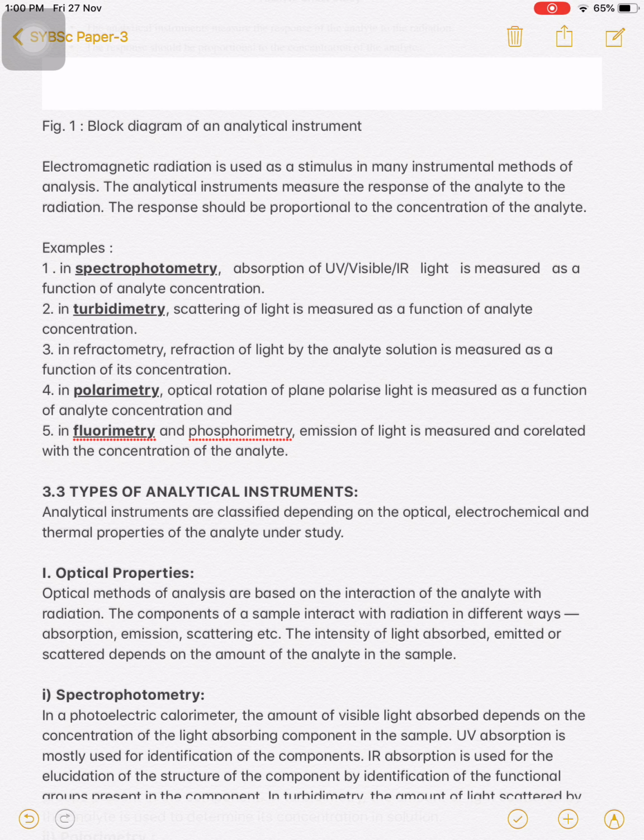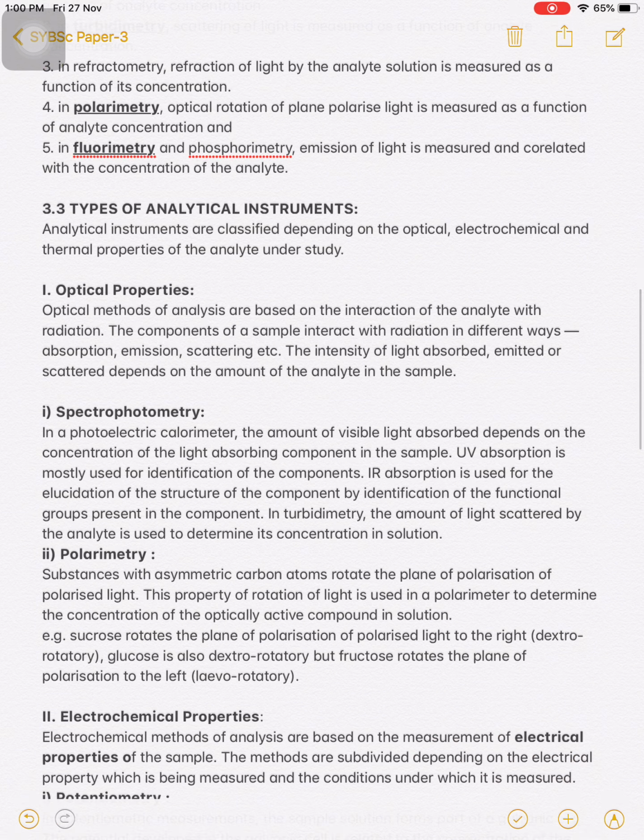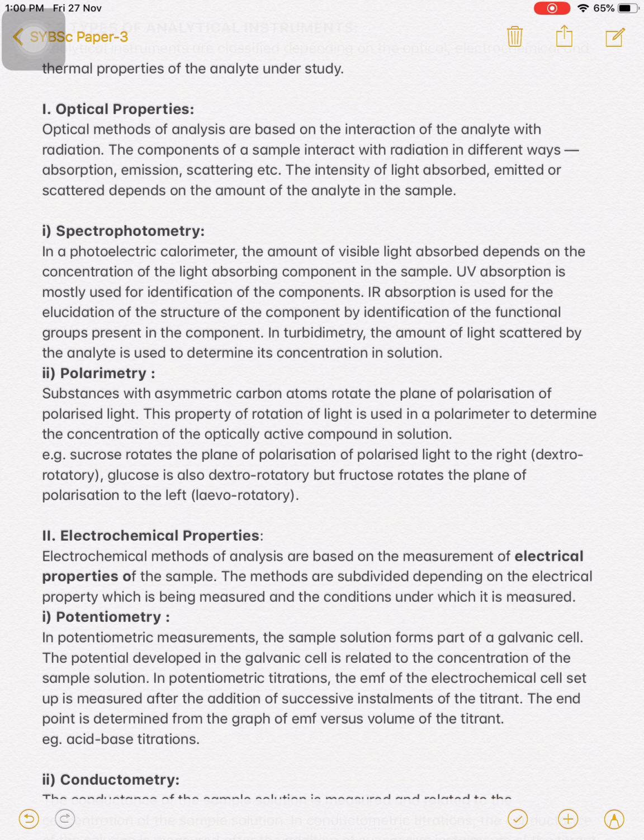So there are different instruments: spectrophotometry, turbidimetry, refractometry, polarimetry and fluorimetry. We have studied this and the properties of those instruments. So there are different types of analytical instruments. By use of optical properties, they have differentiated spectrophotometry and polarimetry.